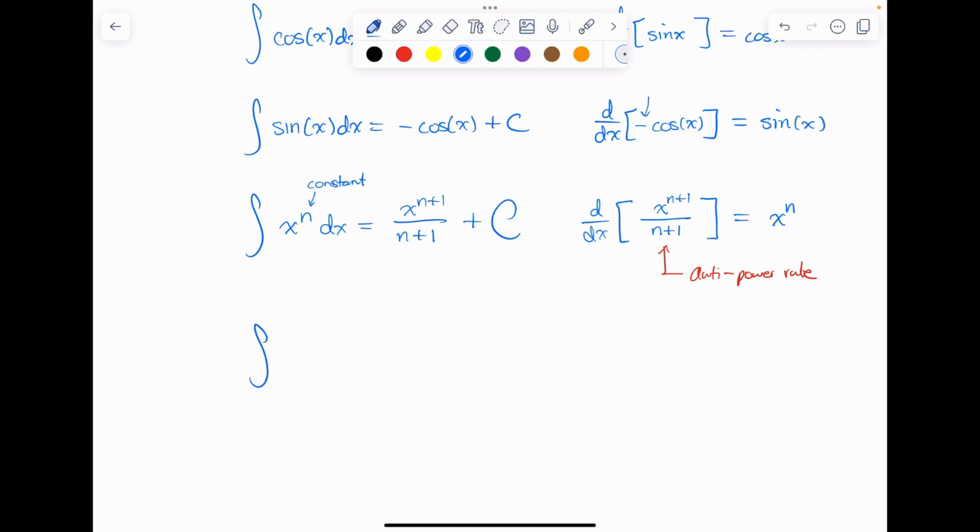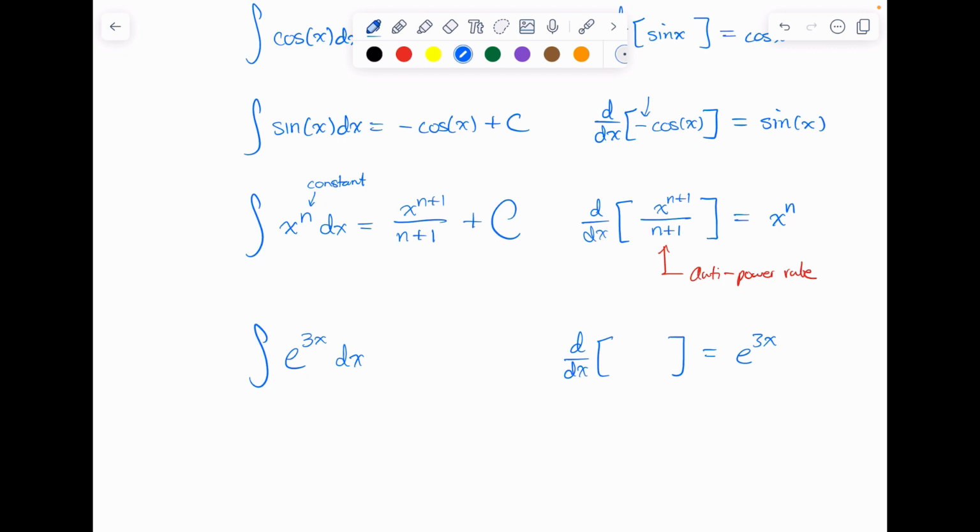Let's do maybe another one. The integral of e to the 3x dx. Now, when we take the derivative of this, we normally get 3 times e to the 3x, but this is the integral, so you can probably guess what's going to happen. The derivative of what gives me e to the 3x?